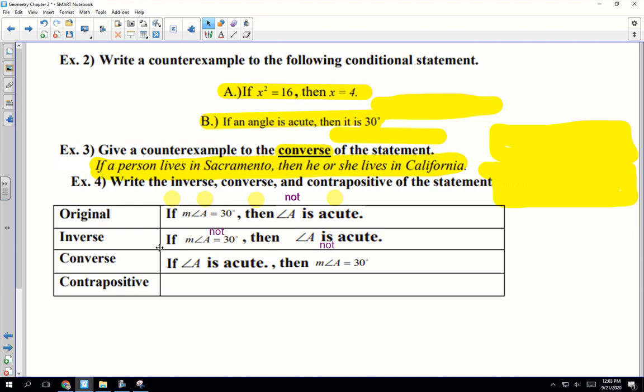All right, so the last one is the contrapositive. We have our if. Contrapositive flips it and negates it. So let's flip it. If angle A, and let's put our not in there, is not acute, then the measure of angle A is not going to equal 30 degrees.